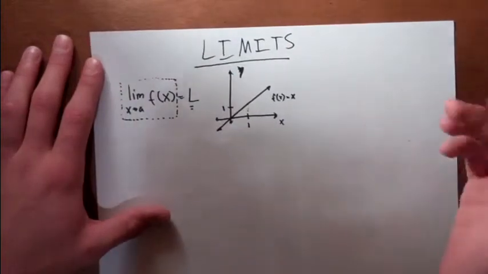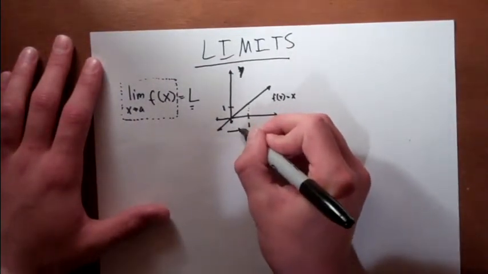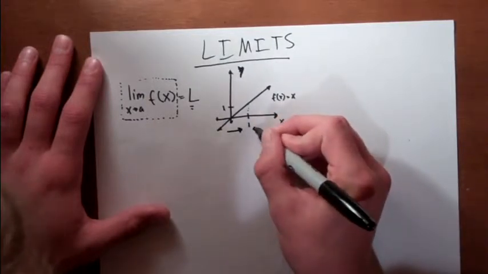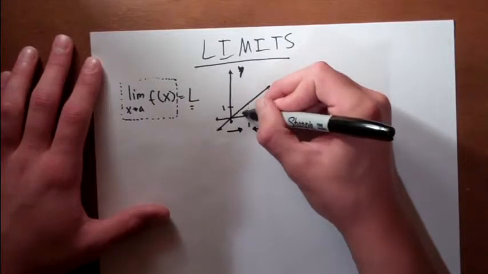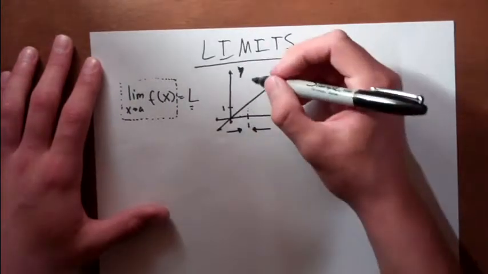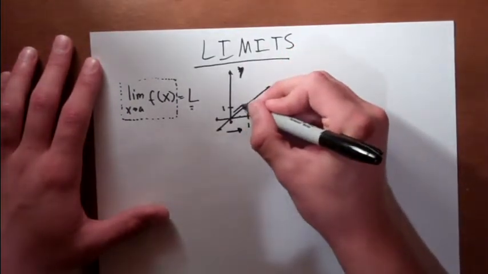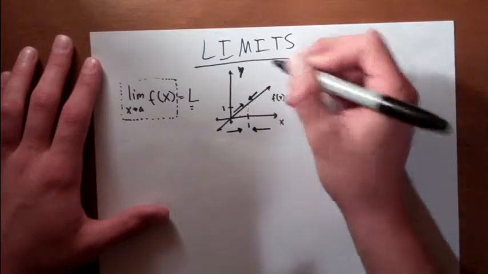If I want to find out, as my x value is getting closer and closer to 1 from either side, if my x is like 0.5, or like 0.9, getting closer and closer, what is my y value getting closer and closer to? So what is my function approaching?